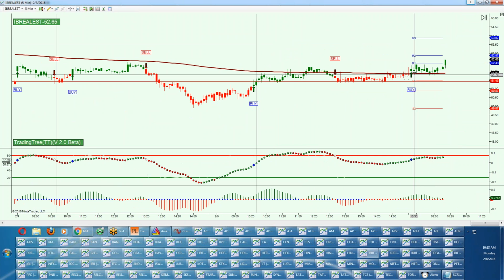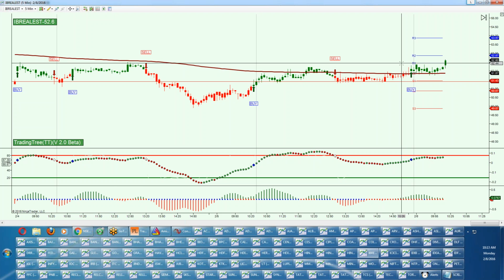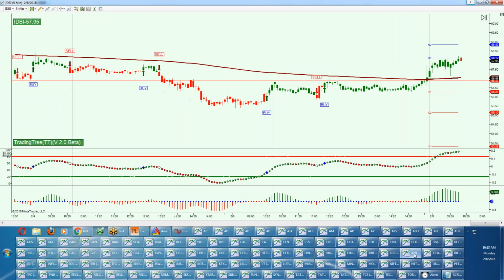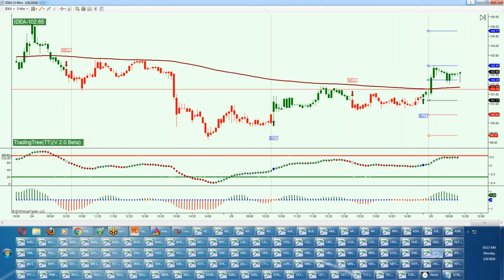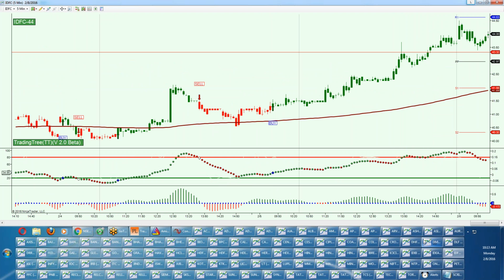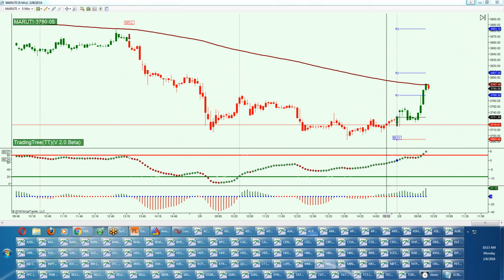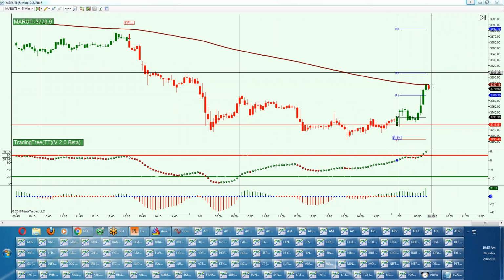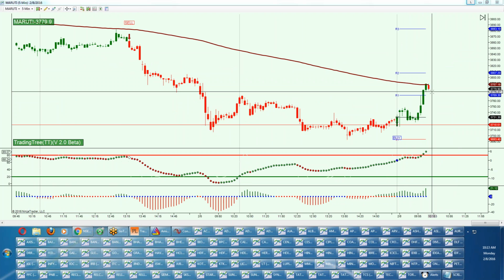So IB Real Estate, in case if you have placed the order, it has already triggered. So it's done its second target too. The next target will be 3807.